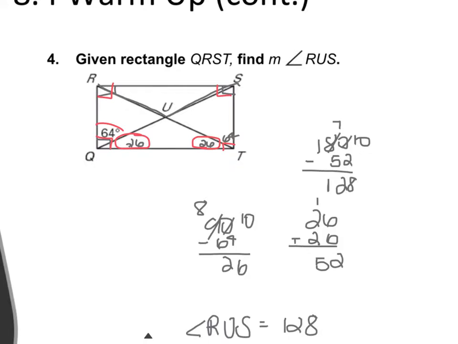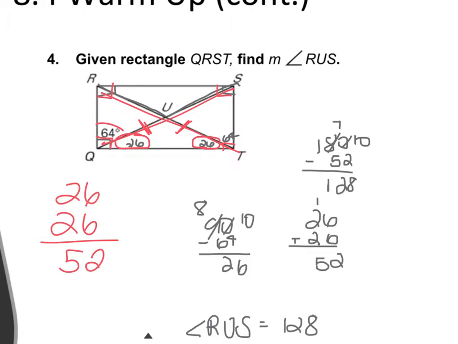Think about the fact that the diagonals bisect each other and are congruent. So this is like an isosceles triangle on the bottom. Whatever angle is on the bottom left is also going to be on the bottom right. And then if I do 26 plus 26, I get 52. Subtract that from 180, and I get 128, which is this angle here at the top. So all of the properties of triangles still apply. Each of those triangles formed by the diagonals in a rectangle are going to be isosceles triangles.